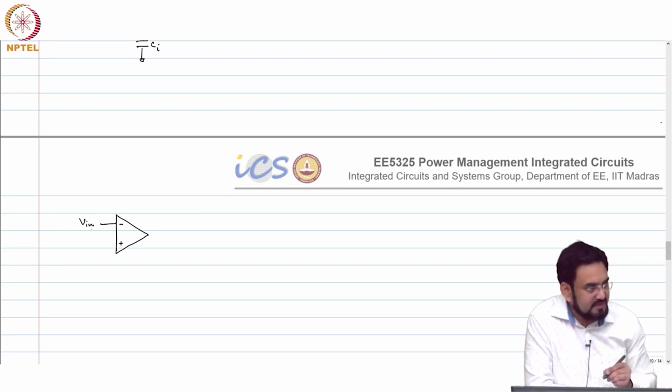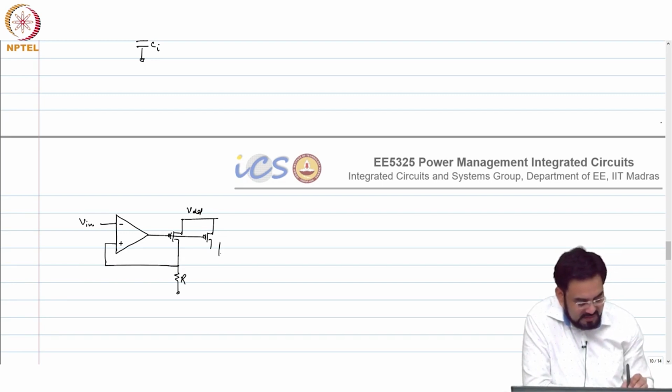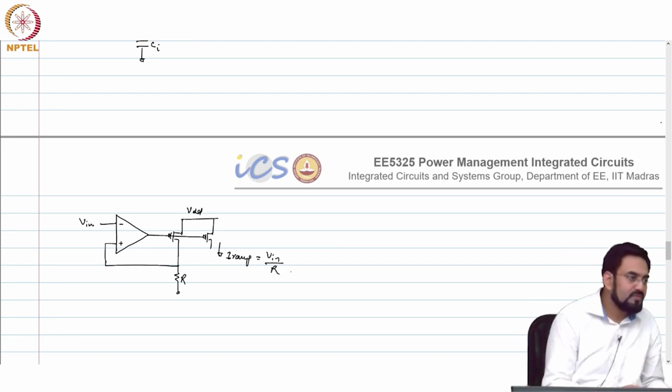Let us say this is Vin. What is this current?